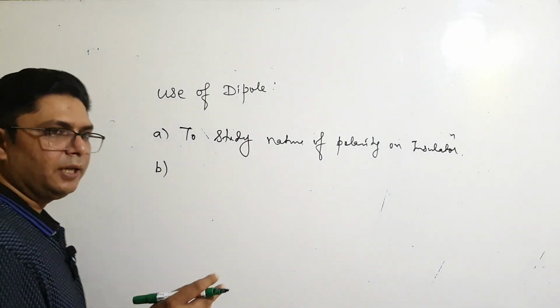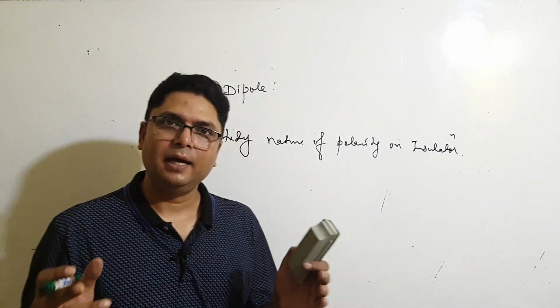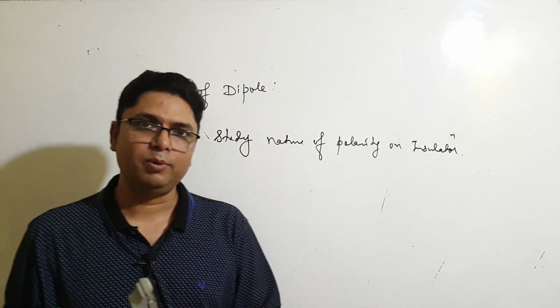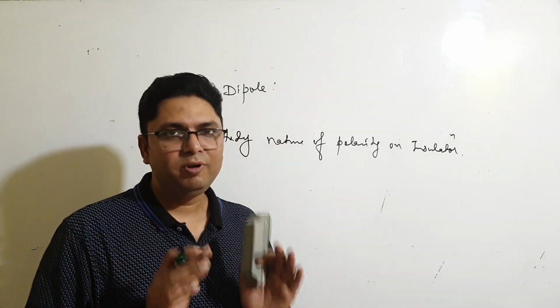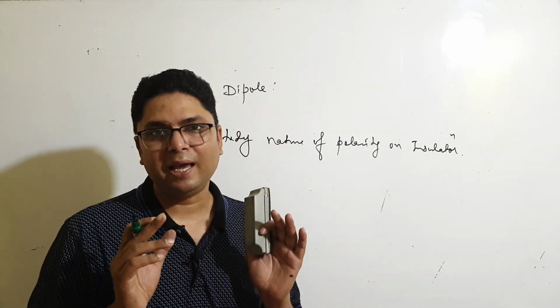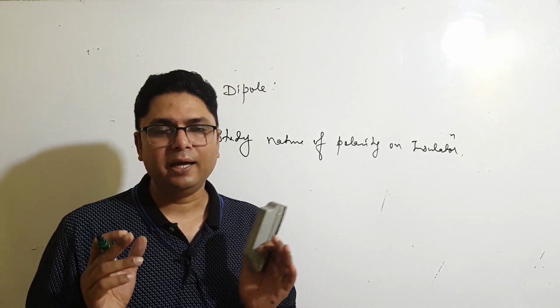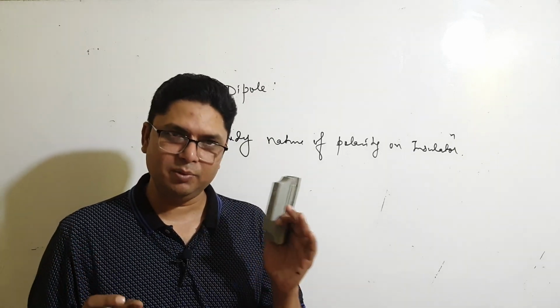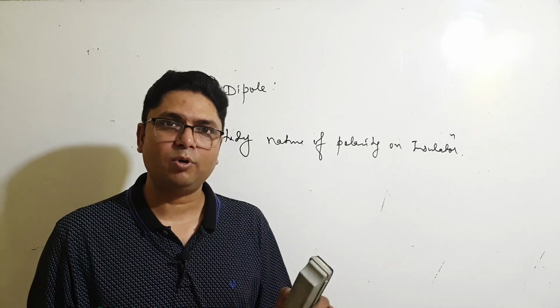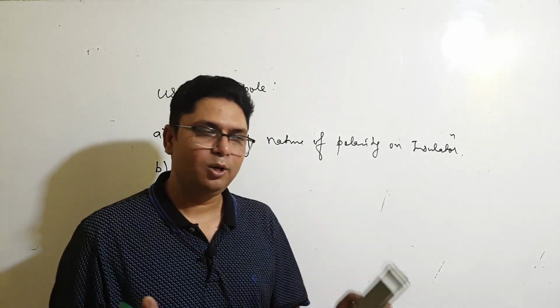Number two, there is antenna. You know that an antenna has a transmitter and a receiver. So to study the energy of the receiving antenna and transmitting antenna, we require the concept of dipole moment.